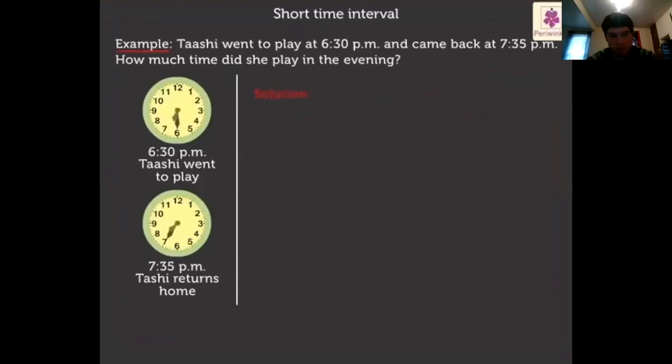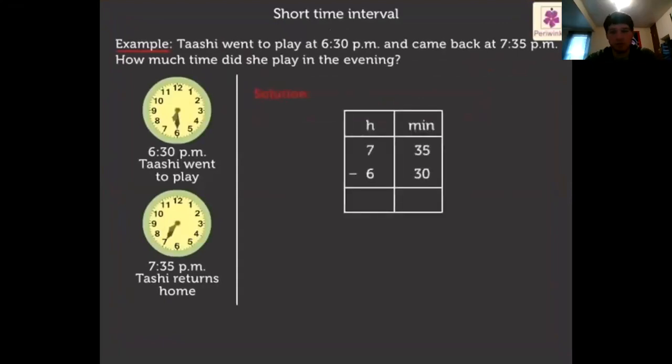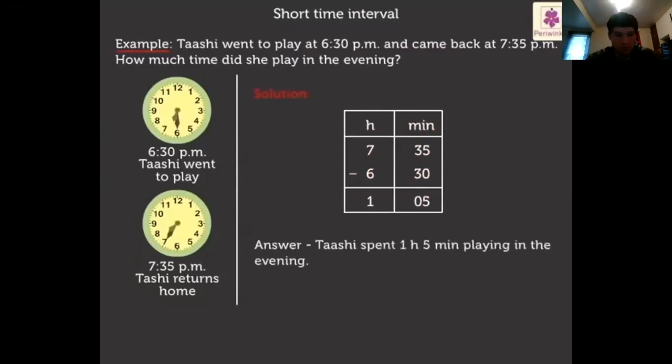Here, to find the time interval of the activity, we subtract the starting time, that is 6 hours 30 minutes, from the ending time, that is 7 hours 35 minutes, to get the answer. On subtracting, we get the answer as 1 hour 5 minutes. Thus, we can say that Tashi spent 1 hour 5 minutes playing in the evening.